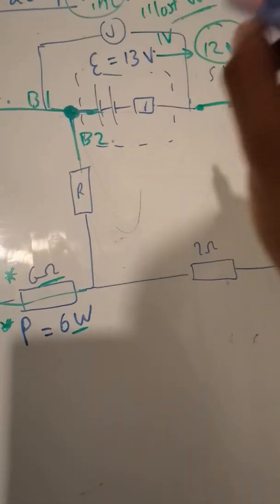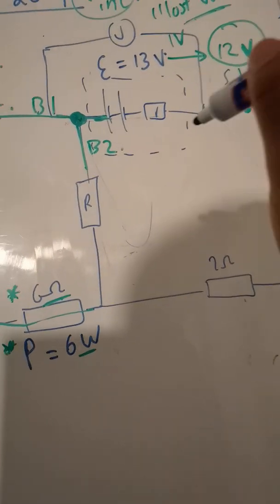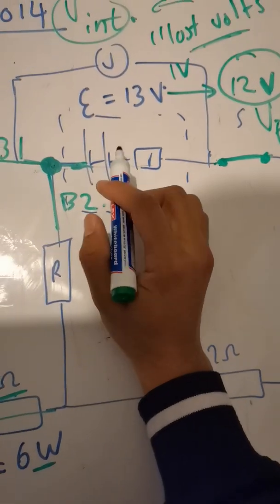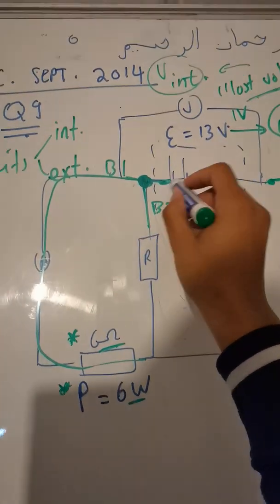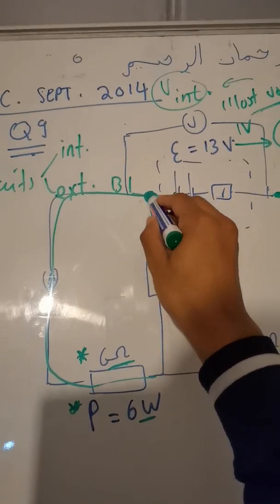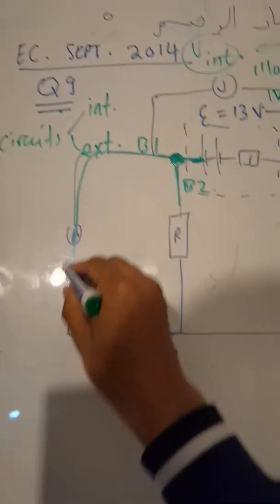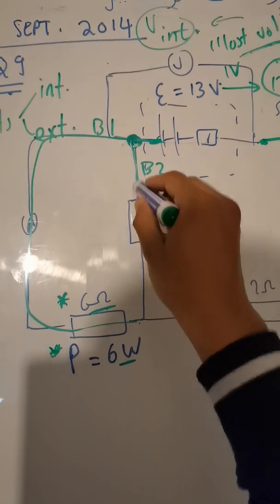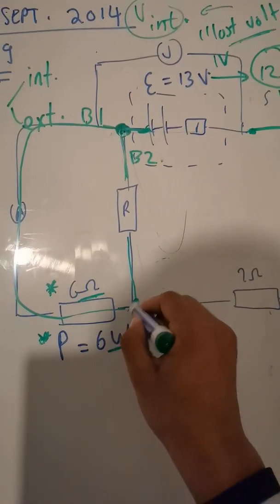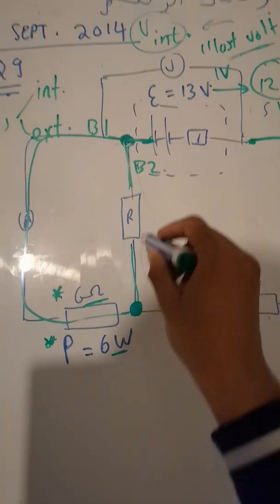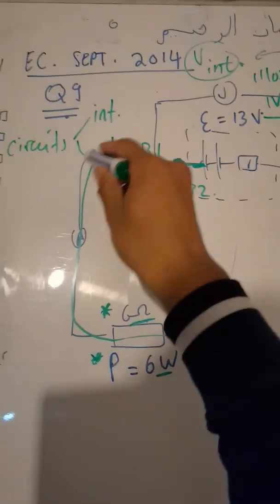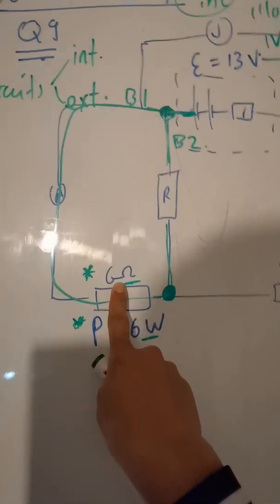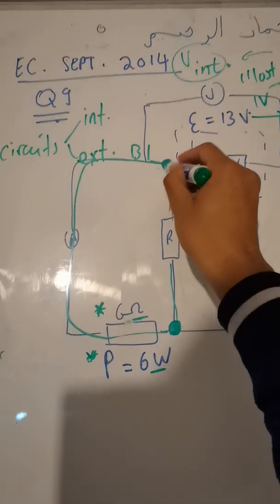It doesn't actually matter where the current starts. So it's important to understand that this R is connected in parallel with the 6 ohms. It doesn't look like it, but you can just follow the branching.